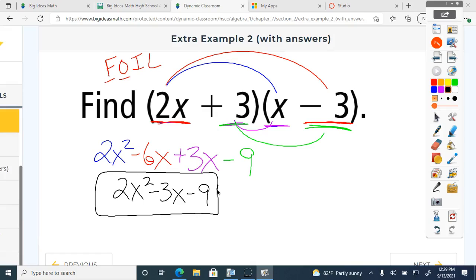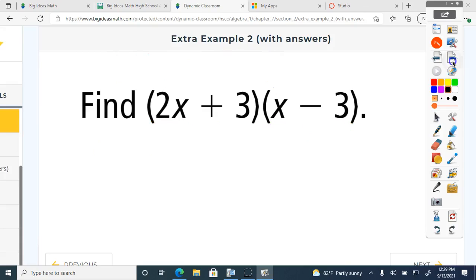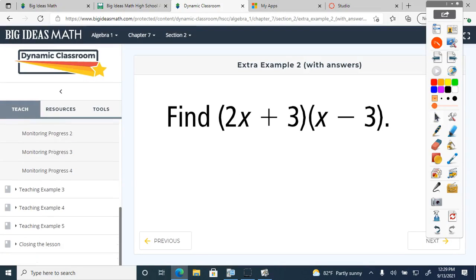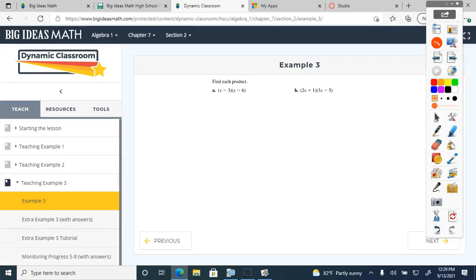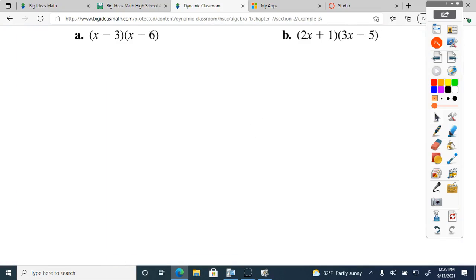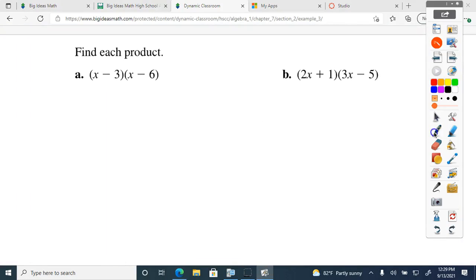All right. The fourth way to do it, they're going to ask you to use a table, believe it or not. And I think I actually did these out of order. I think I should have done the table first, but it doesn't matter. It'll still work. Example 3. We're going to make a table.